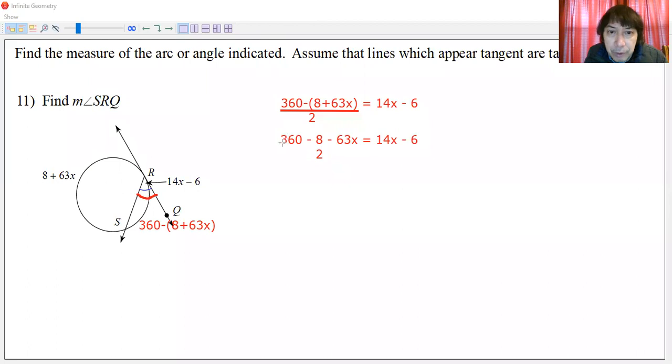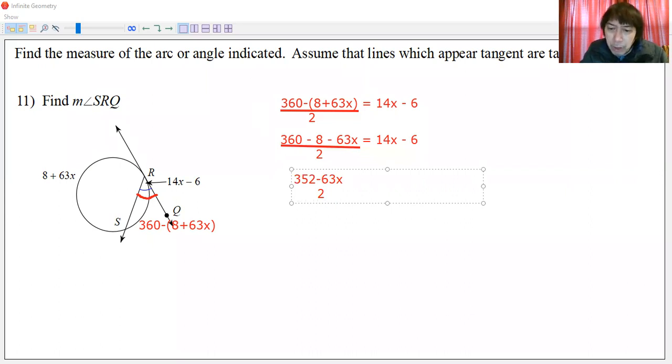So this will continue this way, and then we can simplify this. We have 360 minus 8, that should be 352. Yes, 352 there. We still have the minus 63x, and this will still be divided by 2.